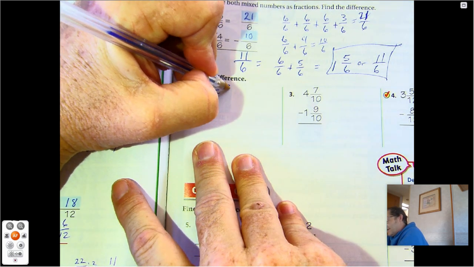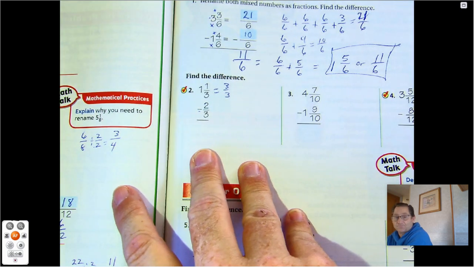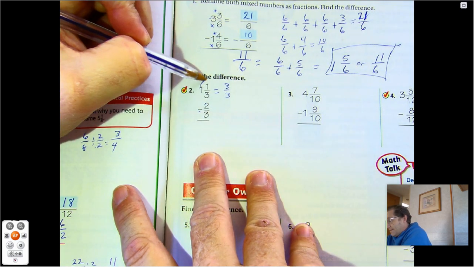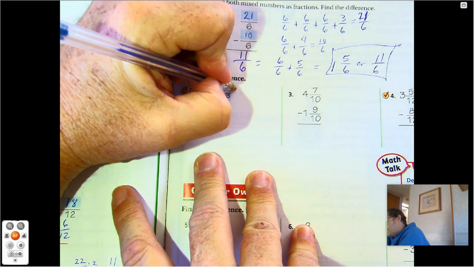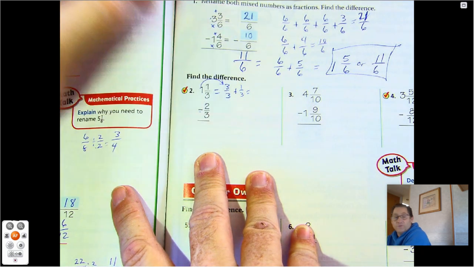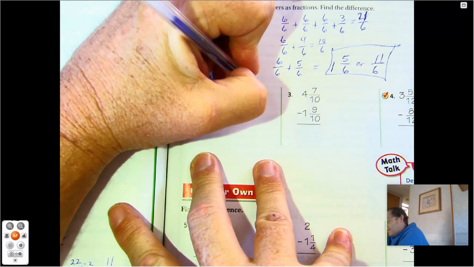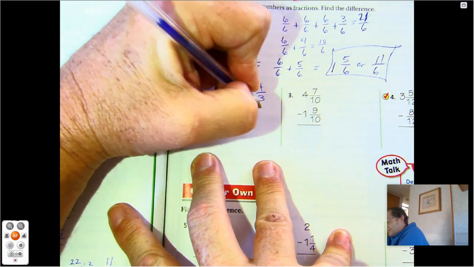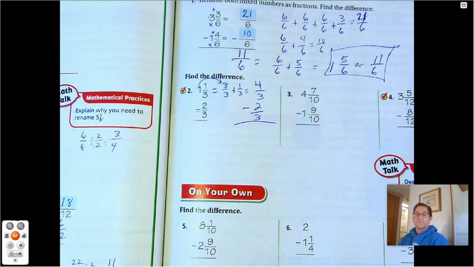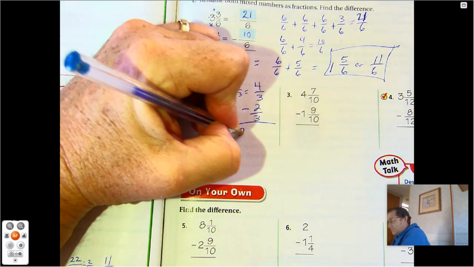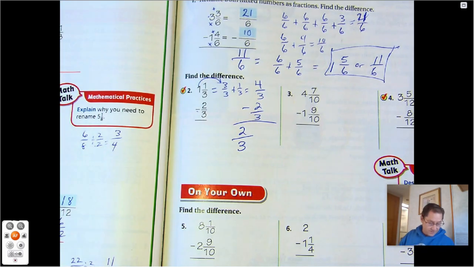It's 3/3. So I renamed the 1 as 3/3 plus the leftover 1/3. So we have 4/3 take away 2/3. 4 take away 2 is 2, so 2/3.